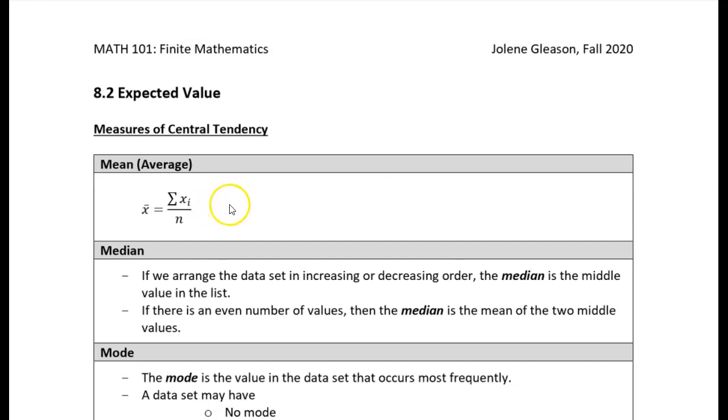And the average of those values, or the mean, is just the sum of all of those values divided by the number of values. This notation might not look familiar to you. This summation sign is a capital Greek letter sigma, and it means the sum of.